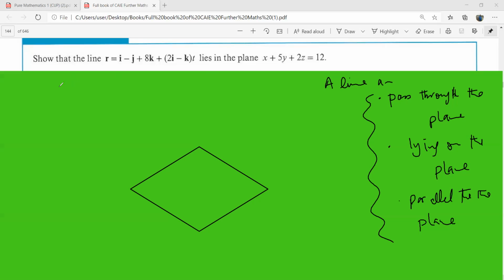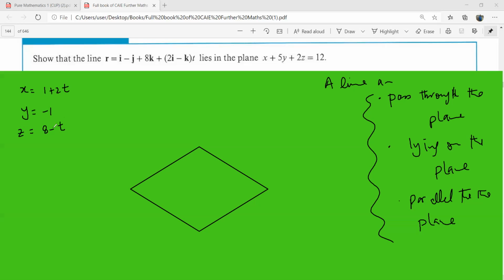So we have x equal to 1 plus 2t, then y equal to minus 1, and then z equal to 8 minus t.